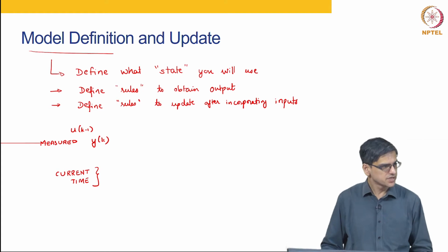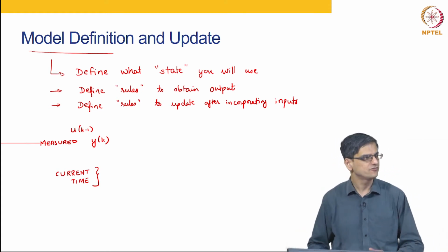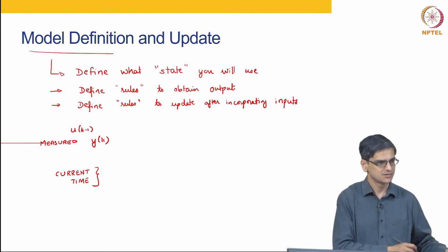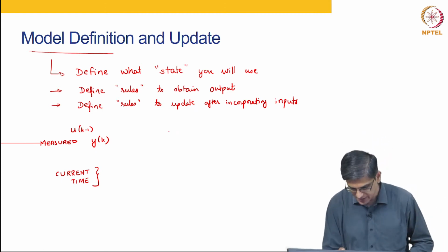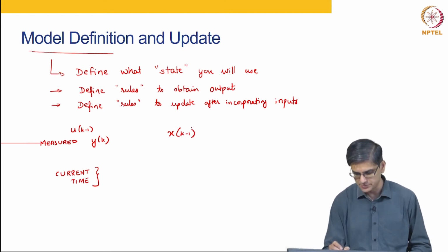In our memory, we have the state. What state do we have? We have the state xk minus 1.